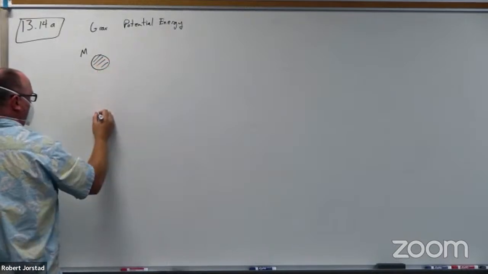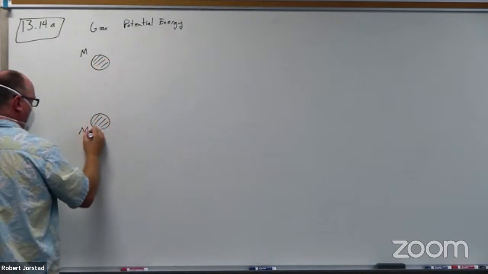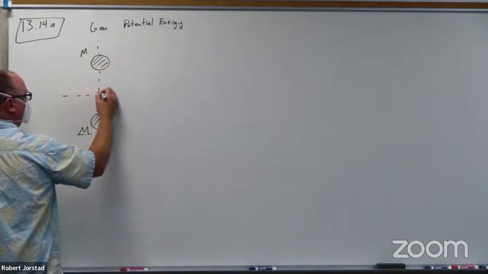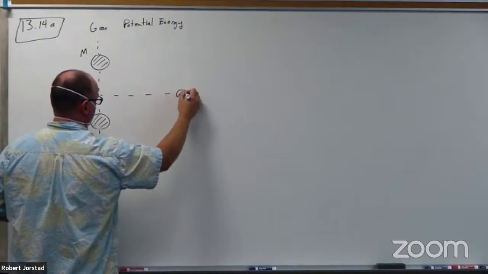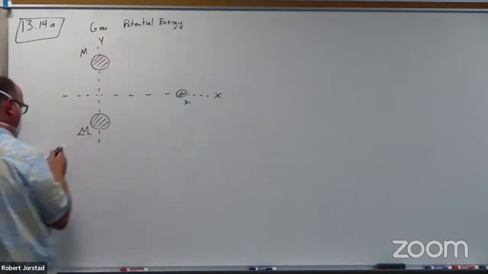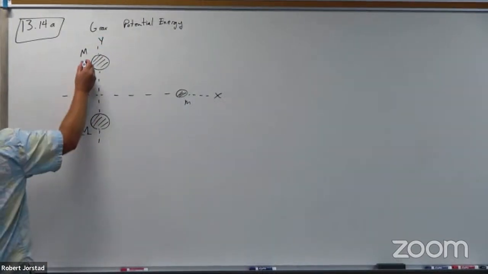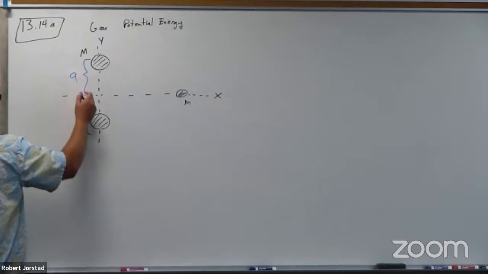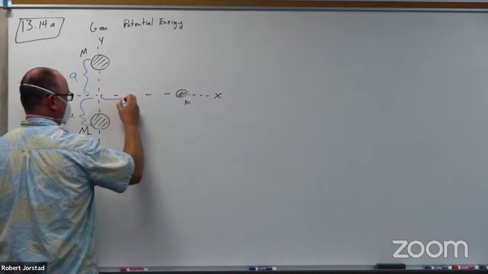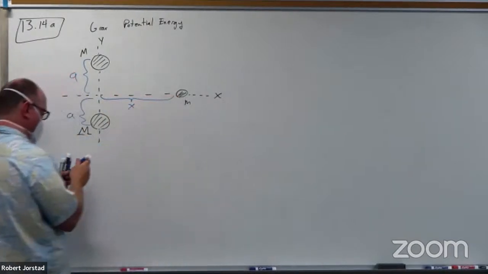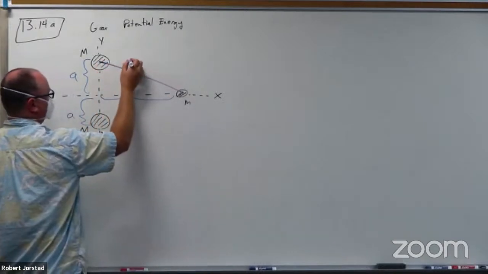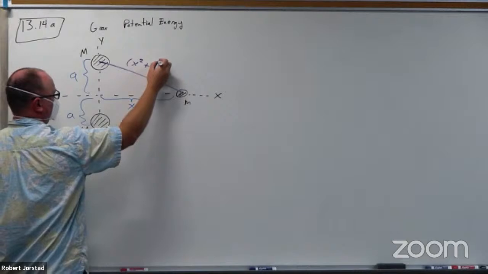Just going to redraw. This picture doesn't have to be quite as large. I've actually done most of the work already anyway. The x-axis, the y-axis. We're told that this distance is A. This distance is A. This distance was X. And then I think we already figured out that this distance here was x squared plus a squared to the 1/2.